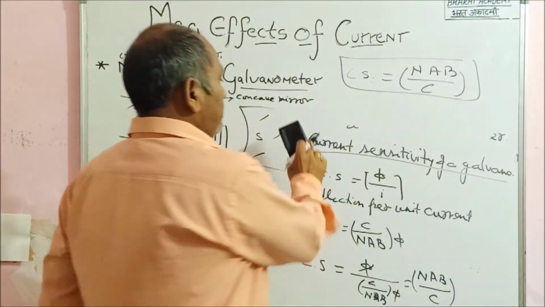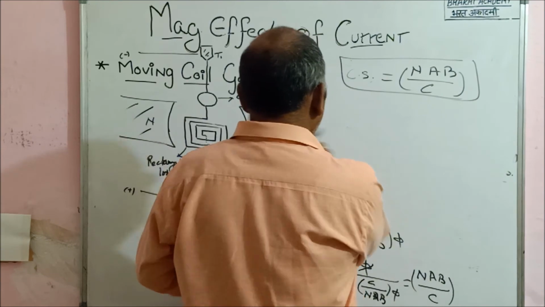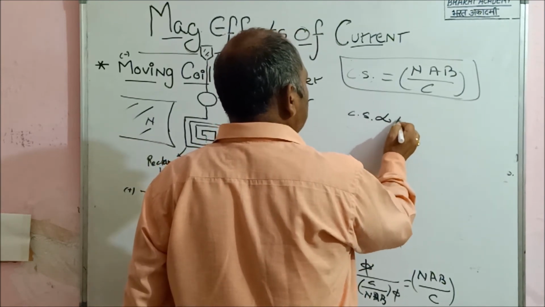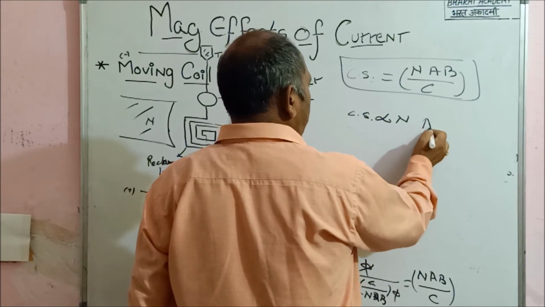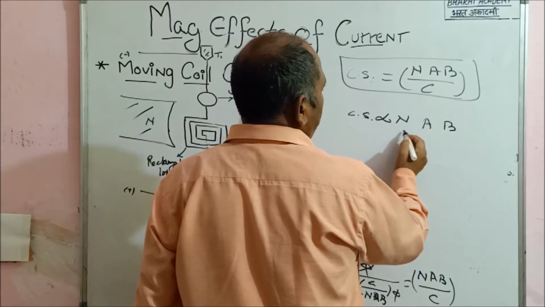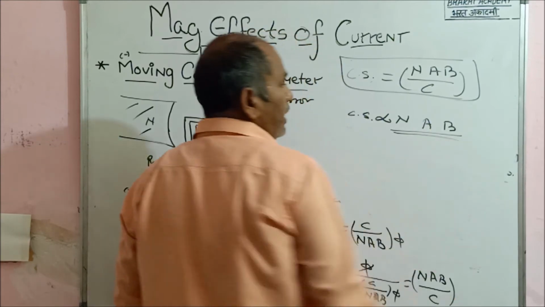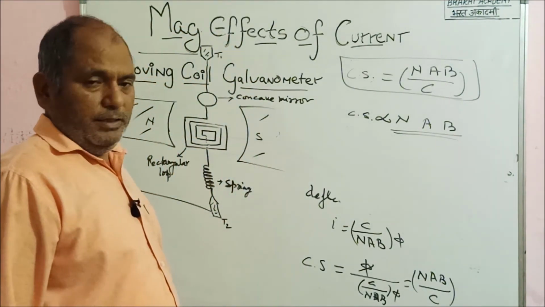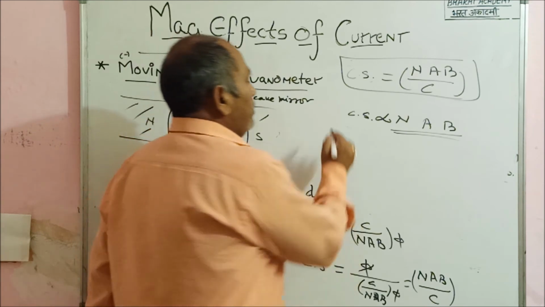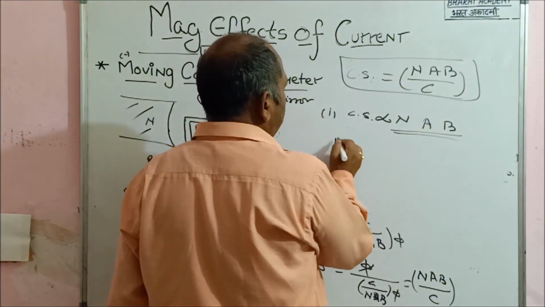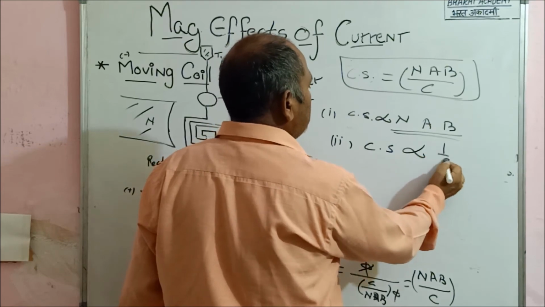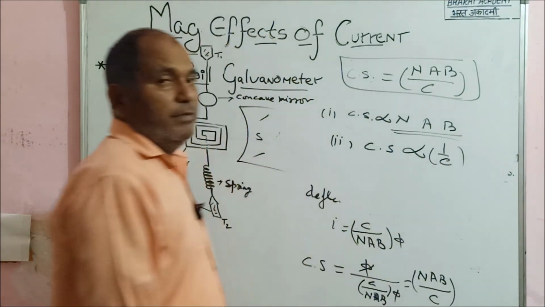So what we got? Current sensitivity is directly proportional to the number of turns, area of the loop, and magnetic field. But for these we have a particular limit; we can increase them up to a certain level only, right? So what is the next factor? CS is inversely proportional to C, which we have mentioned earlier.